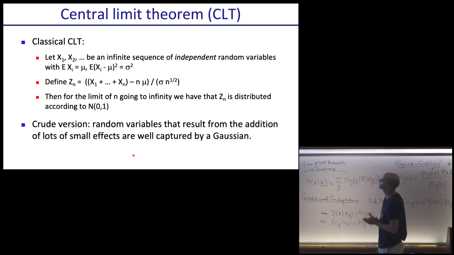The classical CLT says: let x1, x2, ... be an infinite sequence of independent random variables with expected values mu and variance sigma squared. Then we define a new variable, Zn. Zn is the sum of all of them minus the sum of the averages.